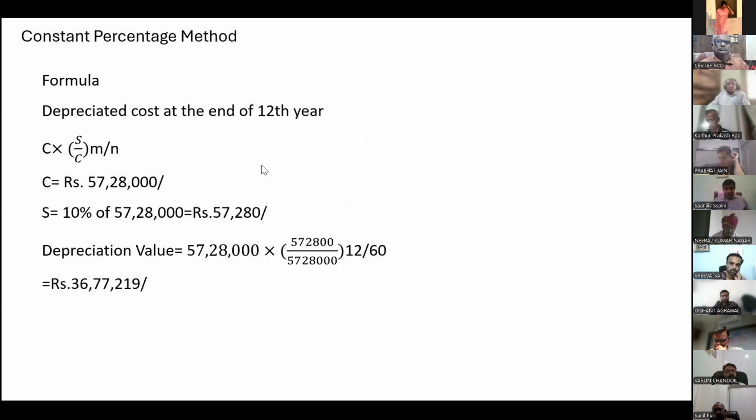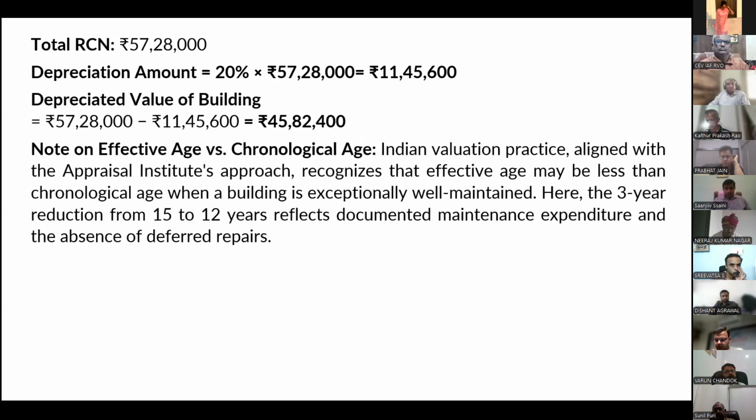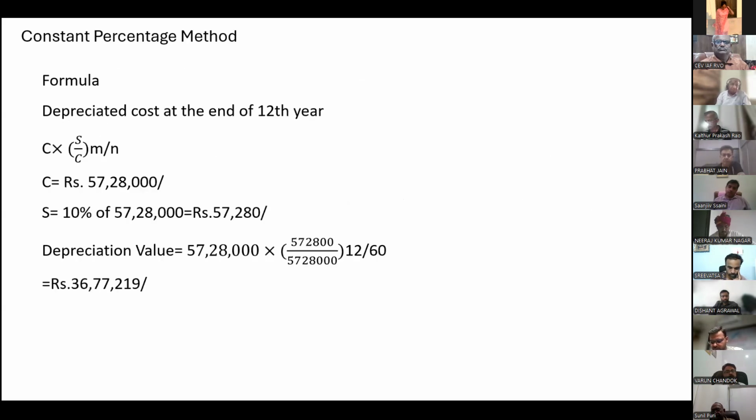The formula, you know, so if we use constant percentage method and assume 10% salvage value, if salvage value is known to you, you have to use this formula: C into S upon C raised to power M upon N, where M is age of the building and N is the total life of the building.